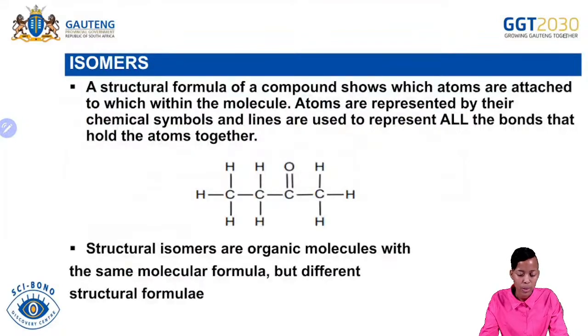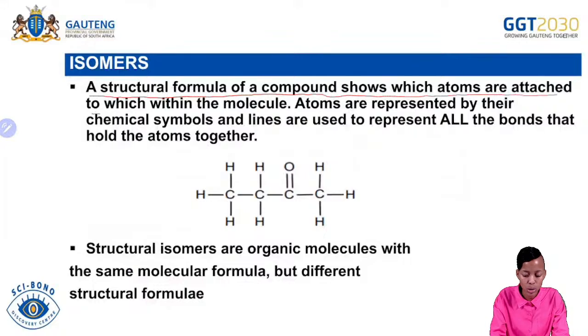So we are going to start here with the isomers. It says here a structural formula of a compound. A structural formula of a compound shows which atoms are attached to which within the molecule. On this one here, we have an example of a structural formula.